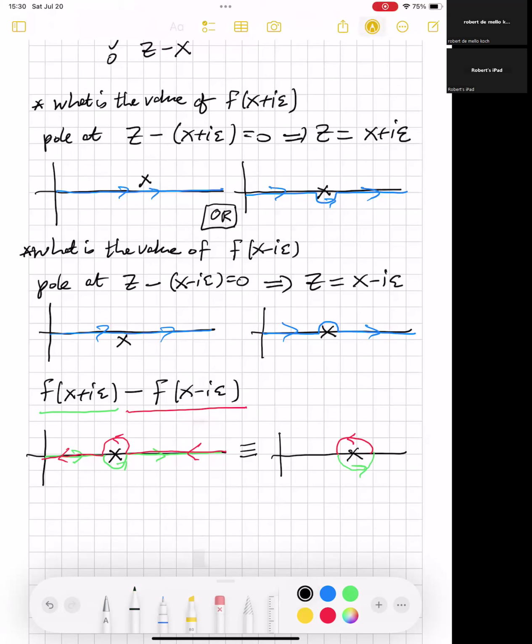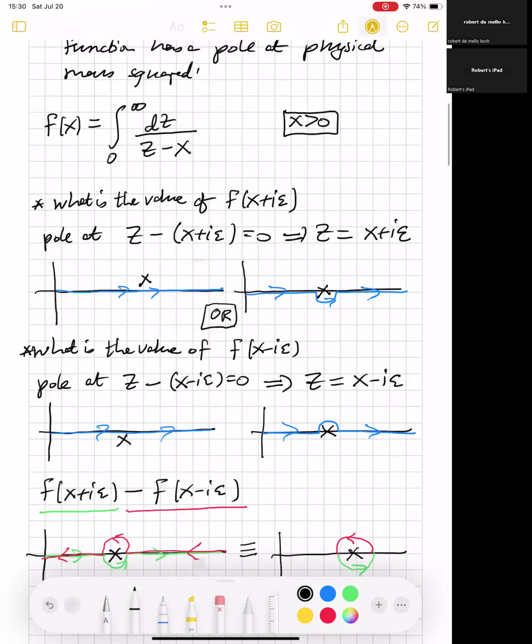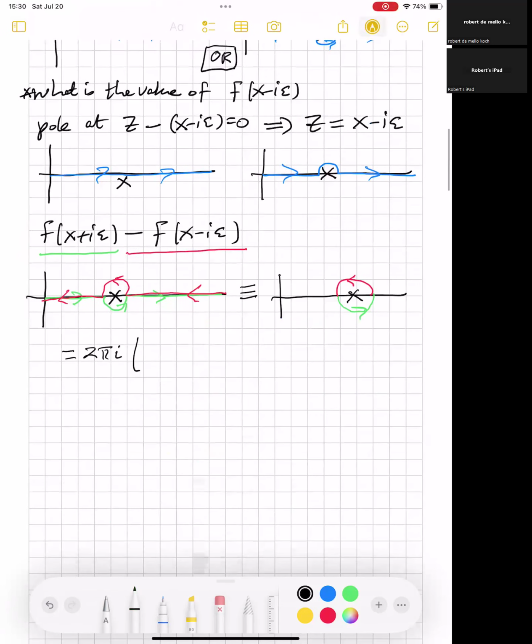Well, the residue theorem tells me exactly what this is. This is just going to be 2 pi i times the residue of the pole at z is equal to x. Now let's look at f of x at z is equal to x. The residue is just 1 because we've got a 1 over z minus x. So this is 2 pi i times 1, which is just 2 pi i.